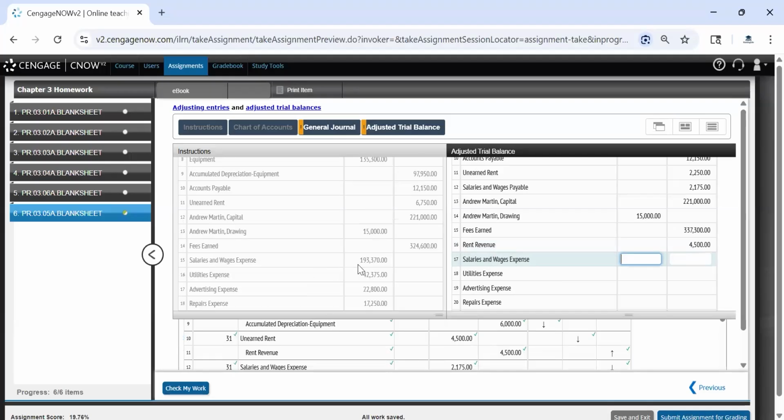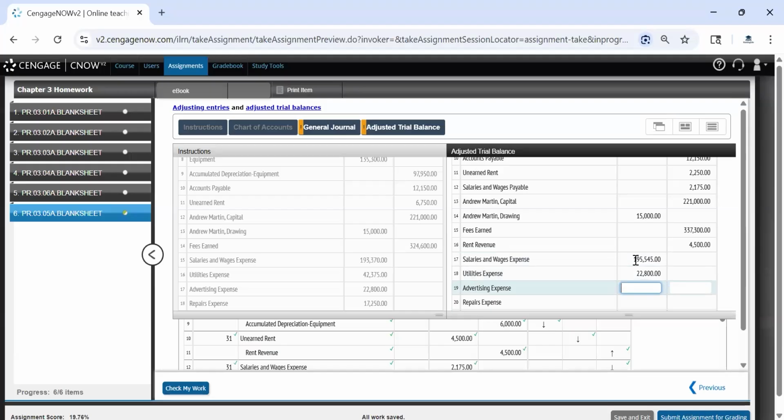Salaries and wages expense, we already had 193,370, and then we accrued another 2,175. So the balance is going to be both of those added together of 195,545.